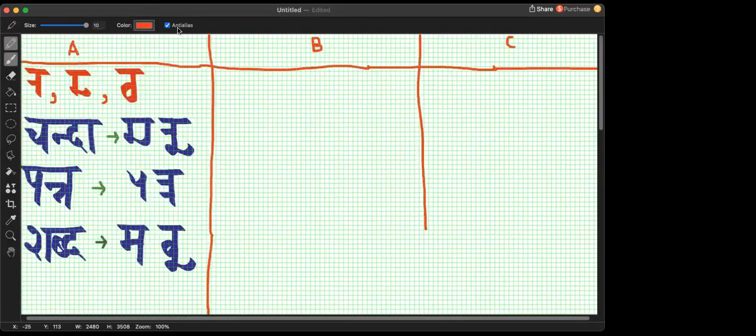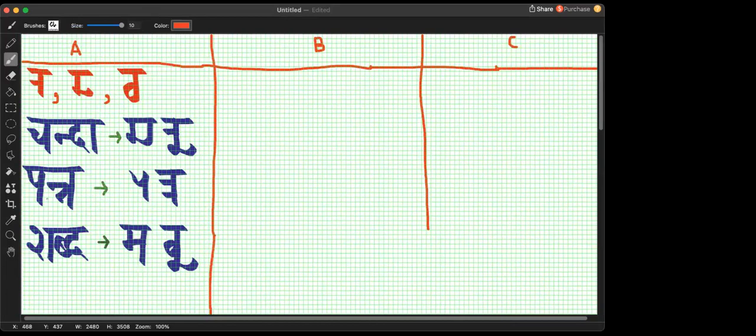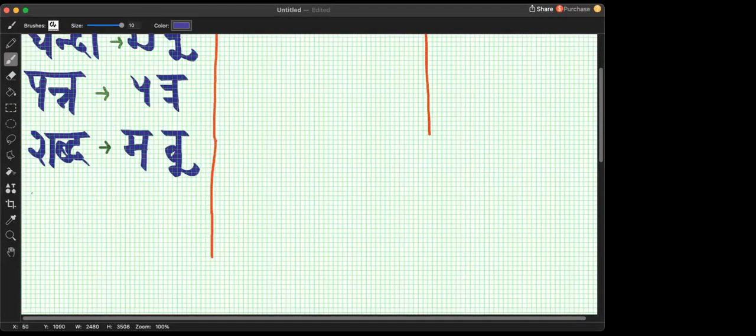The next word we will take up is Haldi. Okay. We have Ha.